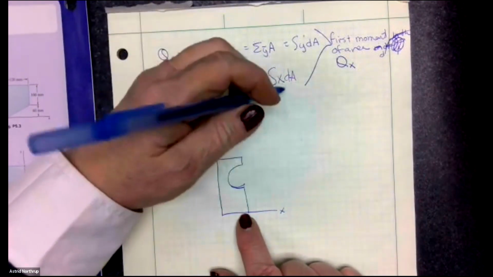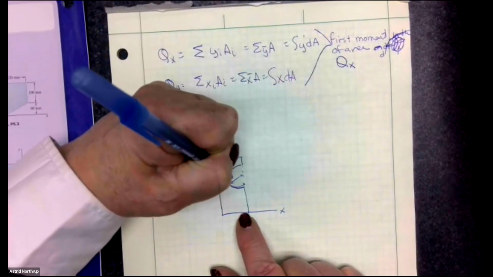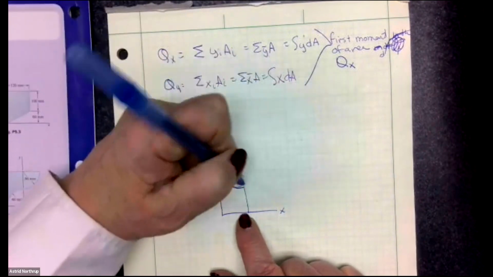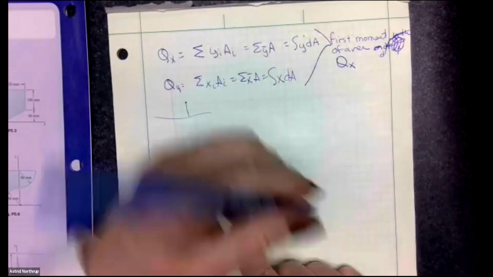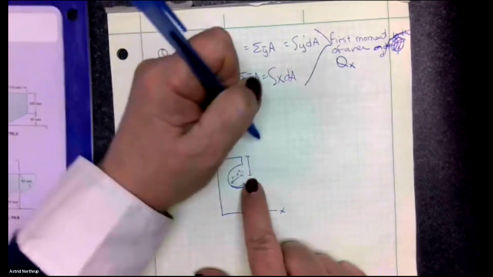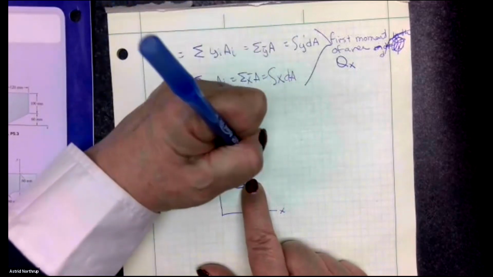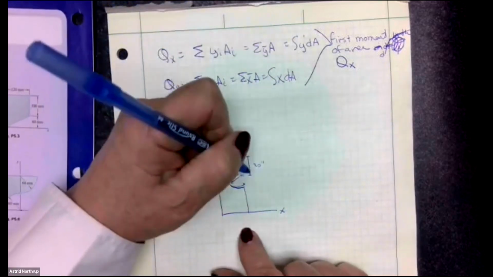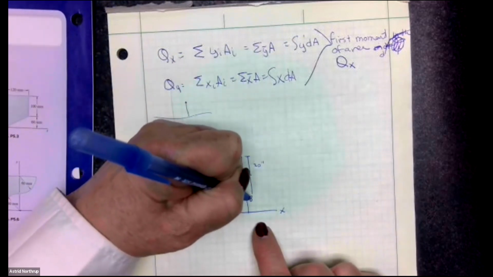We're told that the radius of that semicircle is 15 inches. And we're told that from the top of the rectangle to the center of the semicircle is 20 inches, and that from the center of the circle down is 30 inches.